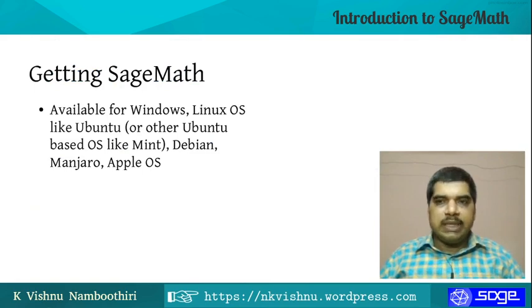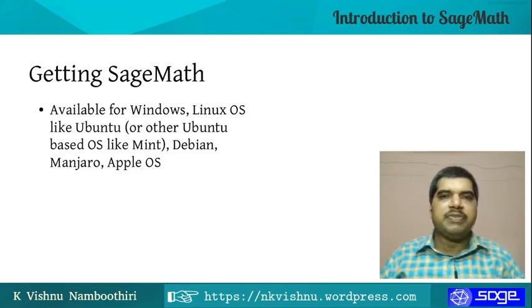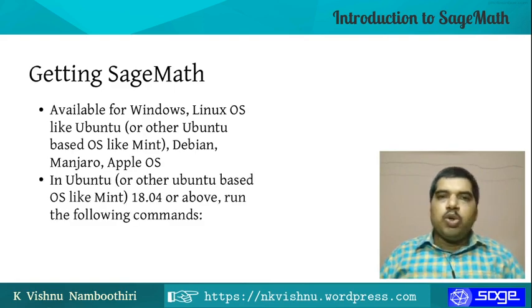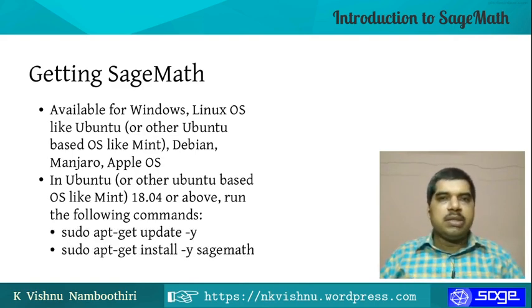So how to get SageMath? That's an important thing. SageMath is available for almost all major operating systems like Windows, most of the Linux variants, and Apple. In Ubuntu 18.04 or above, getting SageMath is quite easy if you are connected to the internet and have very good bandwidth. Run these two commands and SageMath will be automatically installed into your Ubuntu or Mint system.